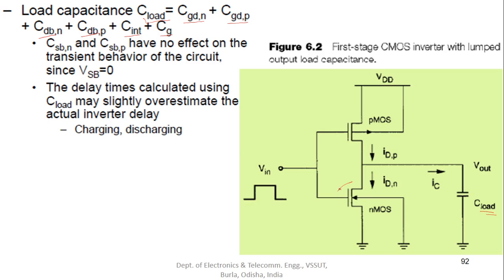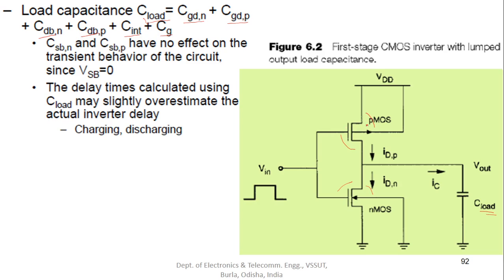And from the PMOSFET, again CGDP, between gate and drain, and CDBP, between drain and body, are taken here.